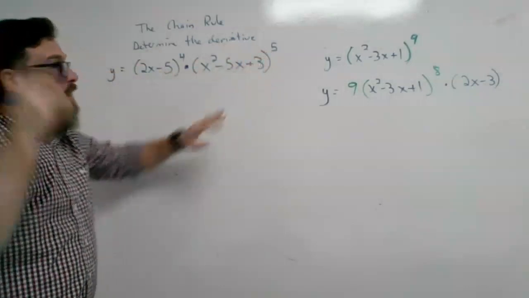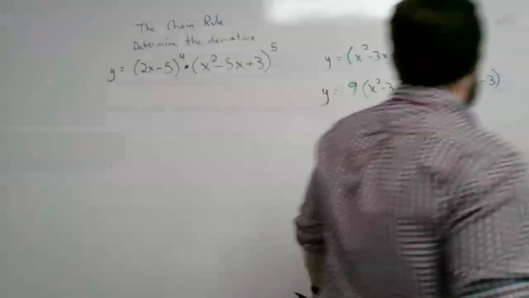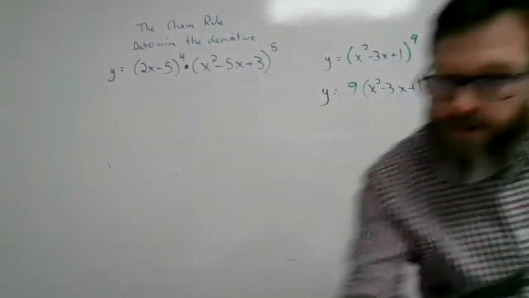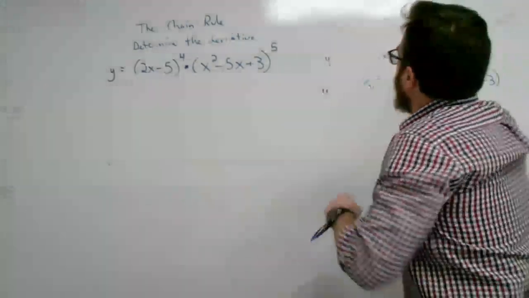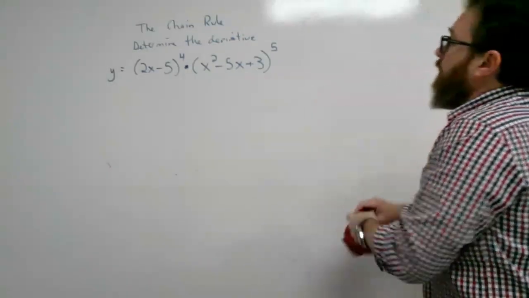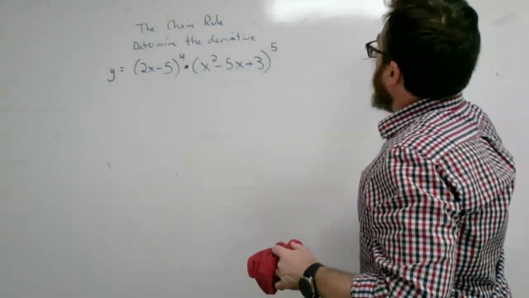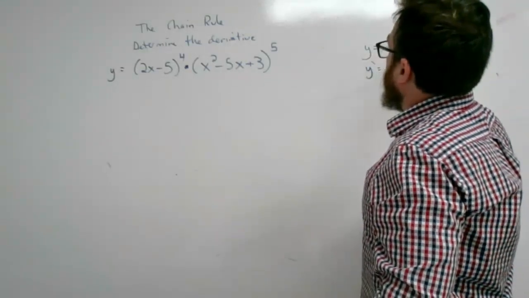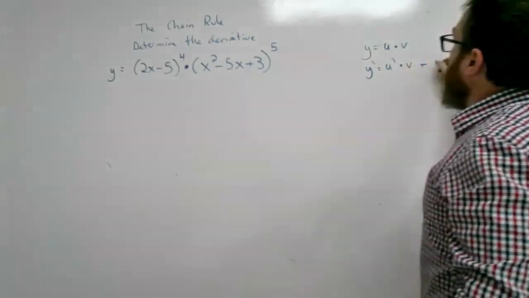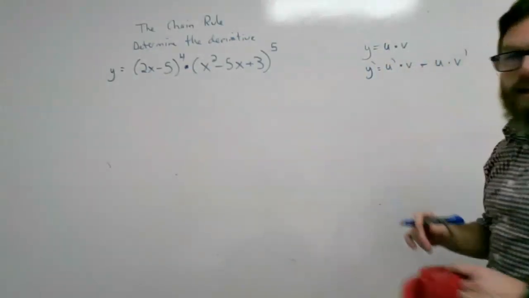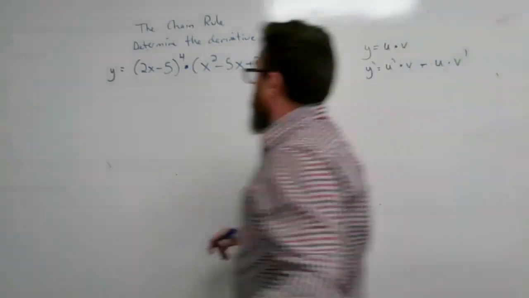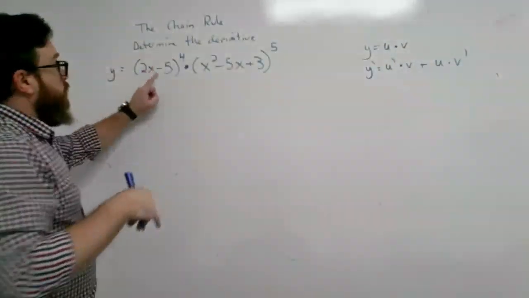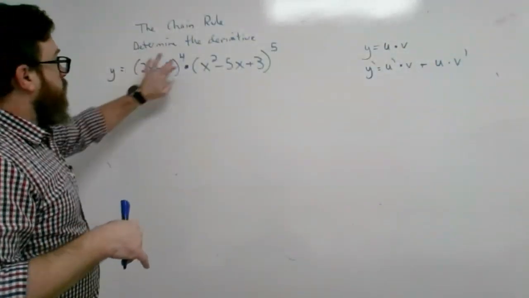So you know that if we're talking about a product rule, if y is equal to u times v, then y prime is going to be the derivative of the first times the second plus the first times the derivative of the second. But this function is a function composed with a function.